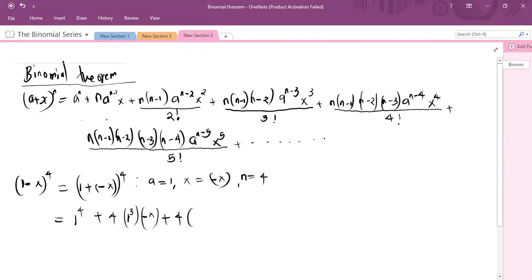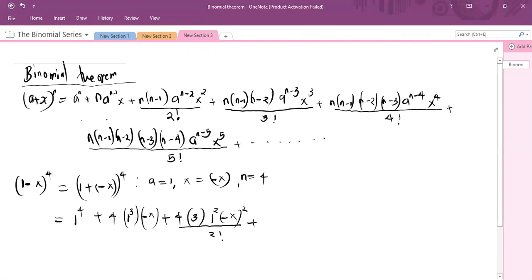Then n minus 1, so 4 minus 1, that gives 3. And then our a is raised to power n minus 2. So 1 raised to power 4 minus 2. So that is 1 raised to power 2. And then x squared. And our x at this instance is minus x, and then we square it. And all this is divided by 2 factorial.